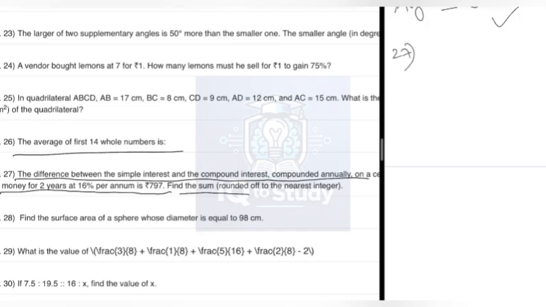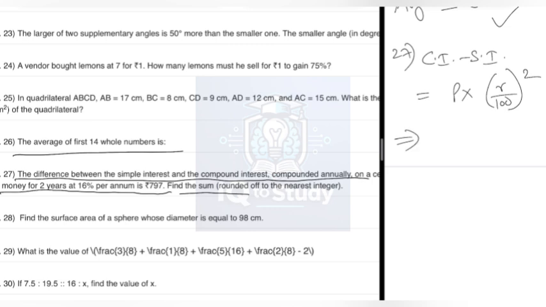We can find this by using the formula CI minus SI is equal to P into R by 100 whole square. This is the difference between CI and SI for 2 years.